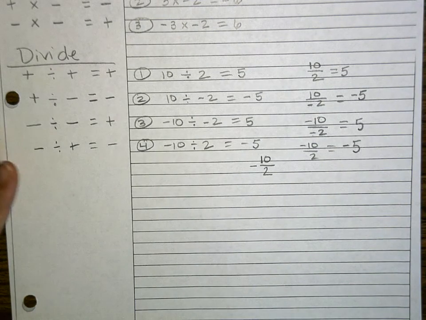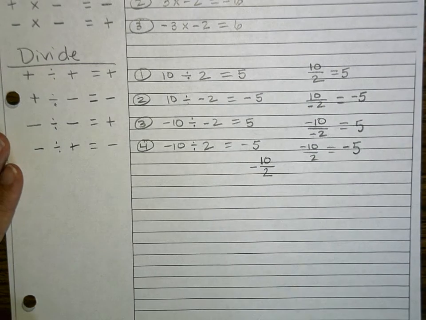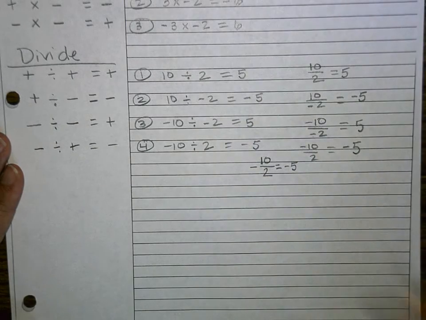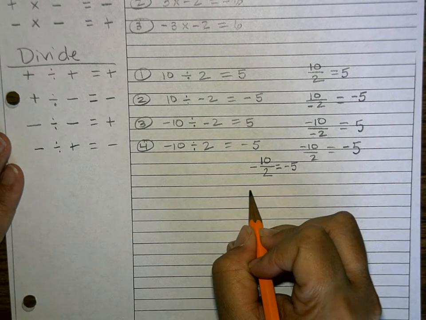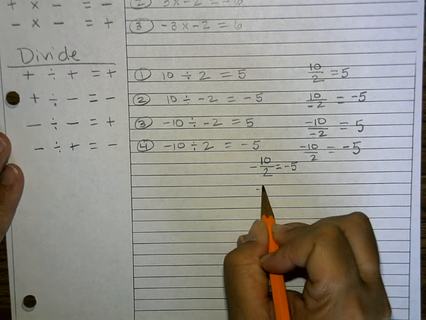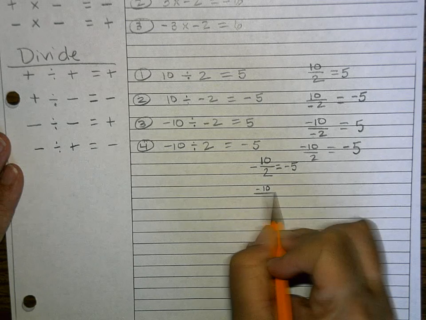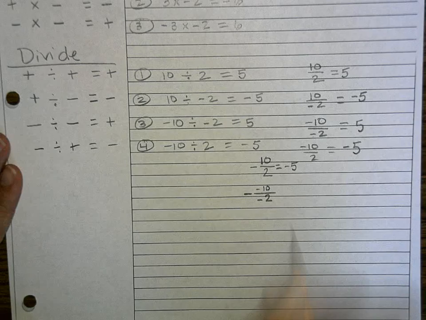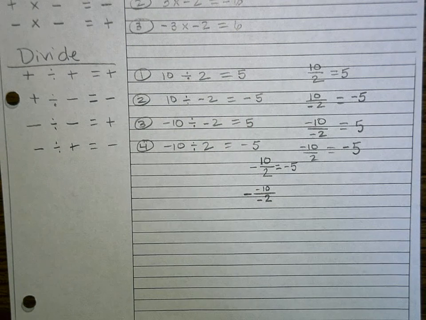I think on your quick check last week there was one like that. That's still -5. And then other times you'll see it like this. They'll put -10 on the top and -2 on the bottom and then a negative in the middle like that. What do you think happens there? Do you think it's a positive or a -5?